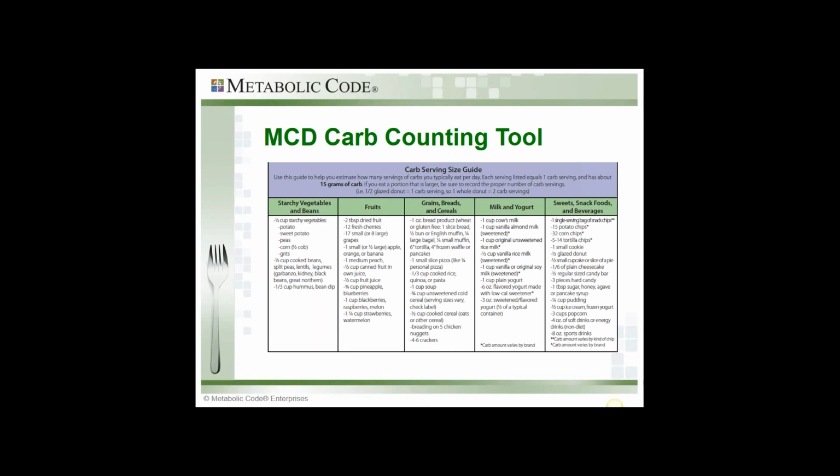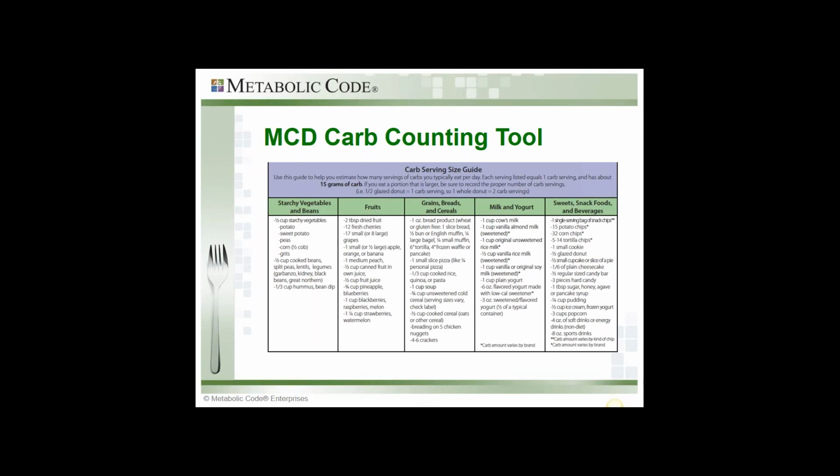Generally, 1 slice of bread, depending on the size and thickness of the slice. So you really have to go by the labels on the breads. In general, 1 slice will be somewhere around 15 grams of carb. Some pieces of bread are as low as maybe 12 grams, and others might be as high as 18 grams or more per slice. So you really have to look at the label.